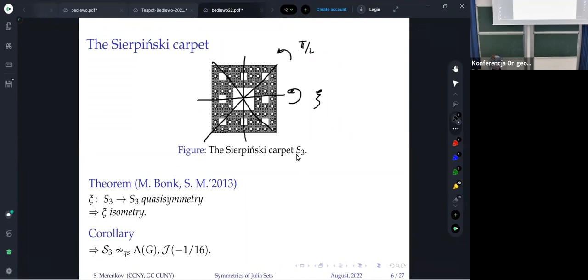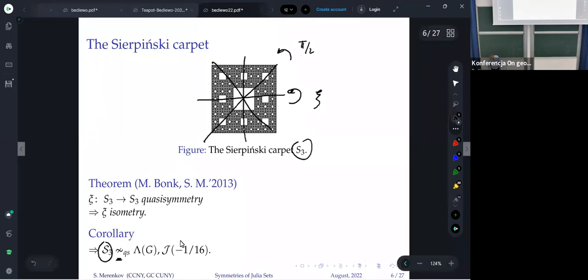And for the same reason, such a carpet we called S3, or somebody else called it S3. For the same reason as before, as for Julia sets, this cannot be quasi-symmetrically equivalent to the limit set, as in the previous slide, because here you only have a finite group, and in the limit set you have an infinite group of quasi-symmetries.